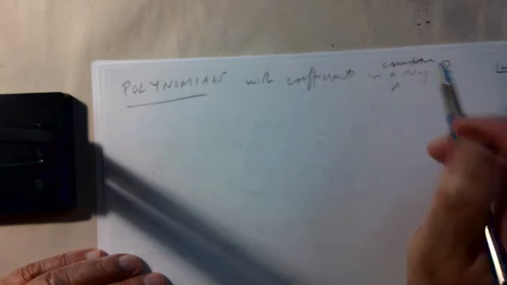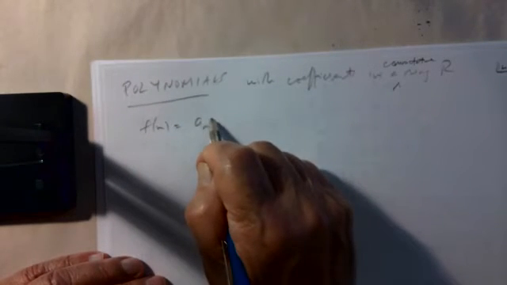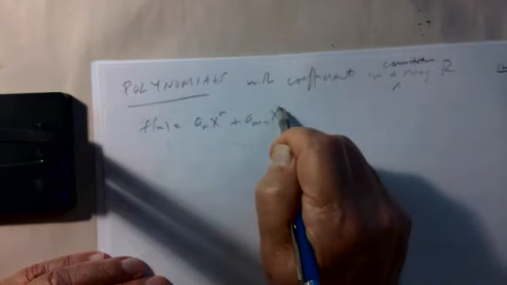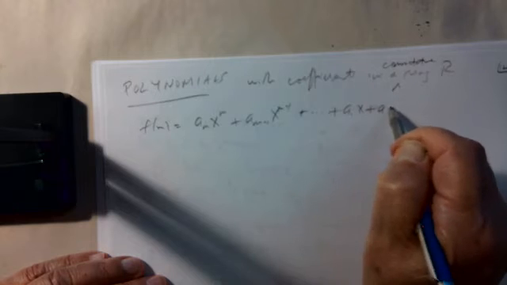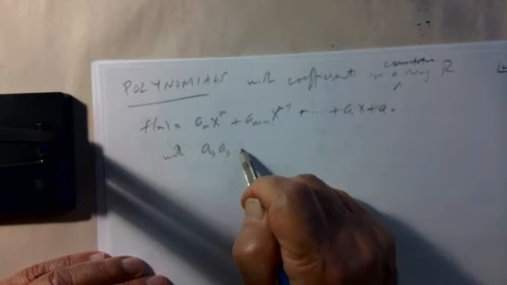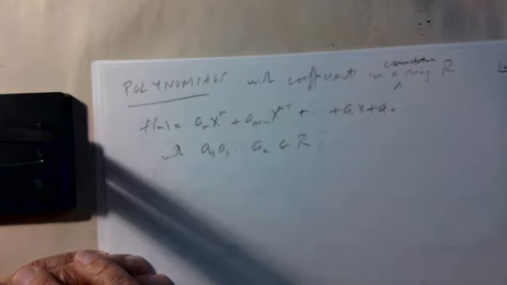Like the integers are a commutative ring. It's just an expression of the form a_m x to the m plus a_{m-1} x to the m minus 1, plus ... plus a1 x plus a0, with these coefficients a0, a1 up to a sub m in the ring R.